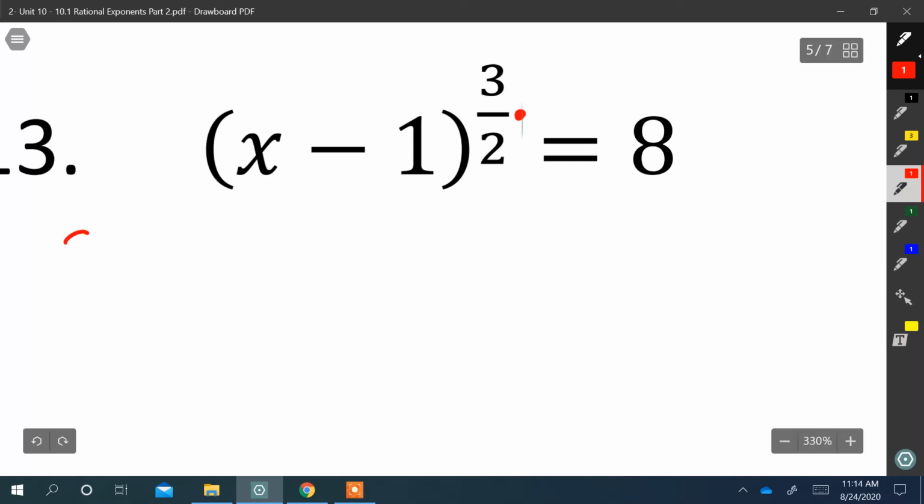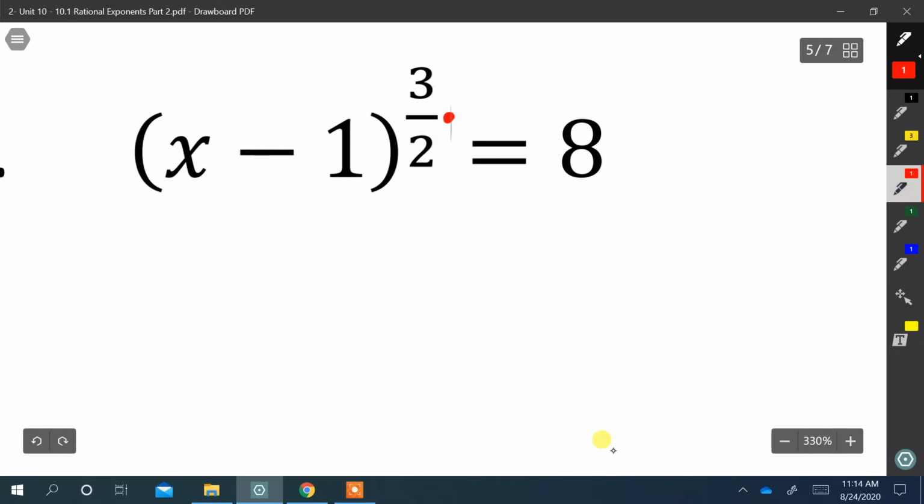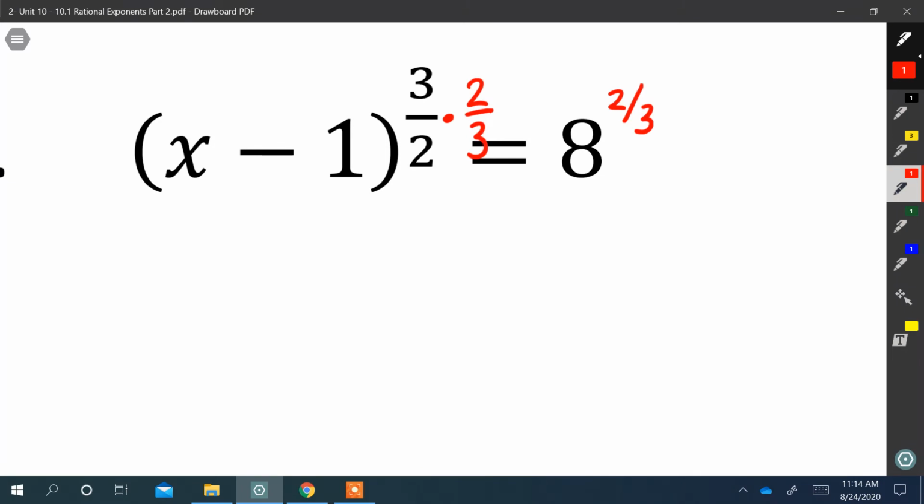What is a reciprocal? So if I have 3 over 2, the reciprocal will be 2 over 3. So what I'm going to do is multiply this times 2 over 3 times the reciprocal. Now, whatever I do to one side of an equation, I have to do it to the other side of the equation. I can't just multiply 2 over 3 and not do anything to the other side. I have to do 2 over 3 as well.